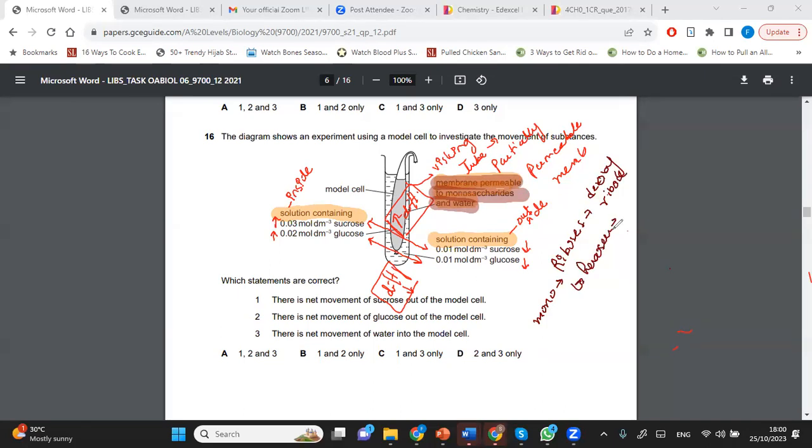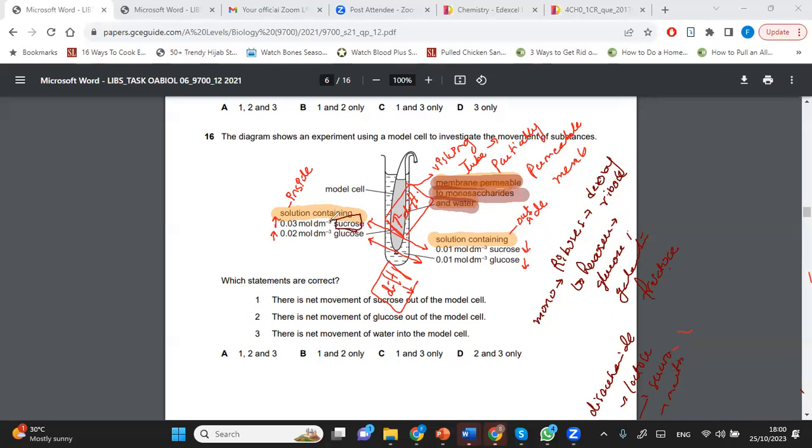We had glucose, galactose, and fructose, right? What is sucrose? Sucrose is a disaccharide. We studied three disaccharides: lactose, sucrose, and maltose. So sucrose is a disaccharide.